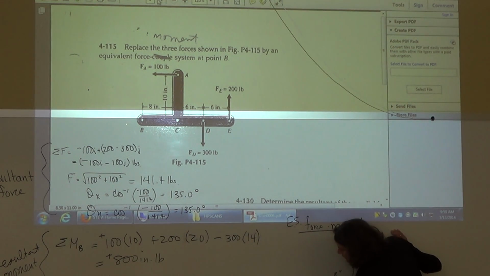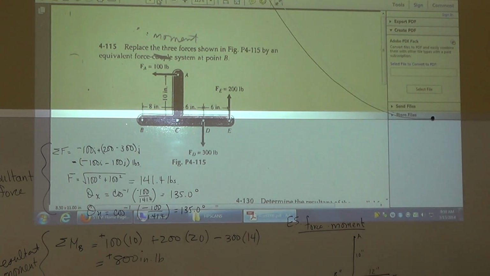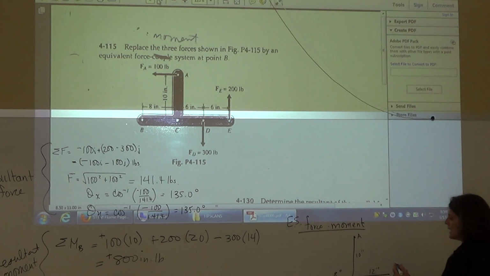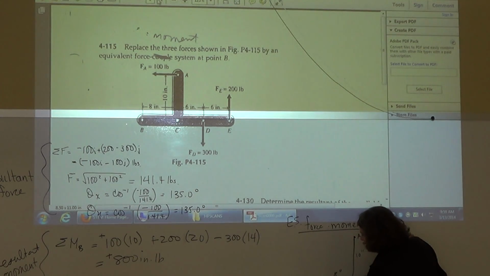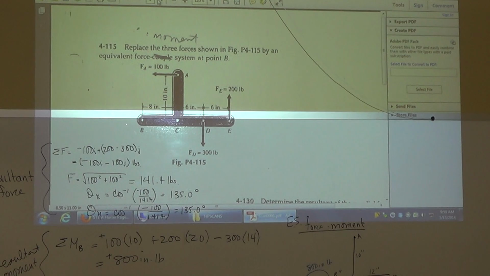So here's my 141.4 pounds. And we should put an angle, right? If it's 135, what's this angle? 45 degrees. And then what else do I have to put on there? JJ? The moment. The moment, and we got a positive, right? So we do draw a positive moment as well, and we say 800 inch pound.